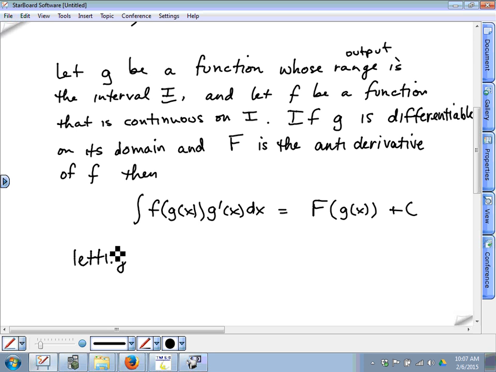And here's actually the main point of the lesson. Letting u equal g of x.